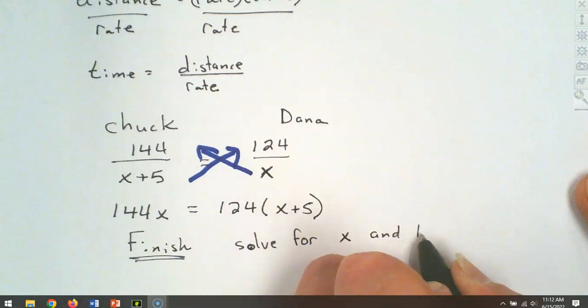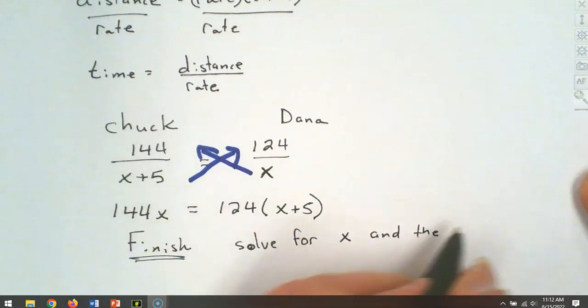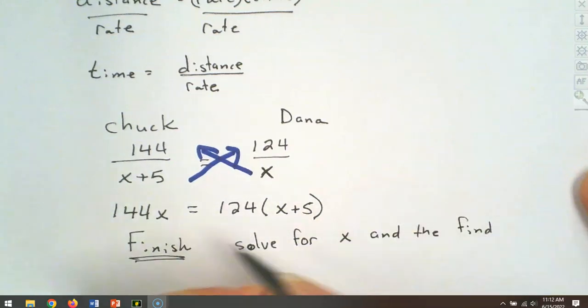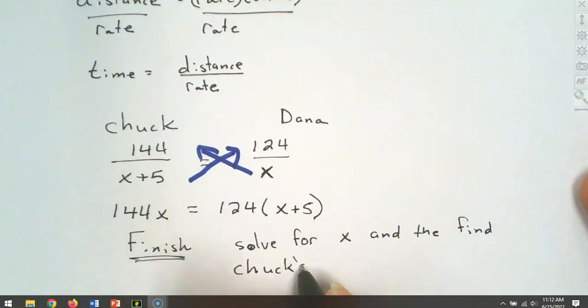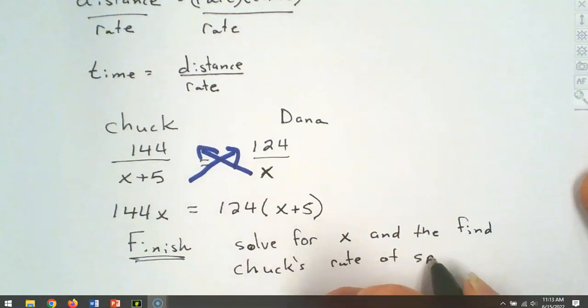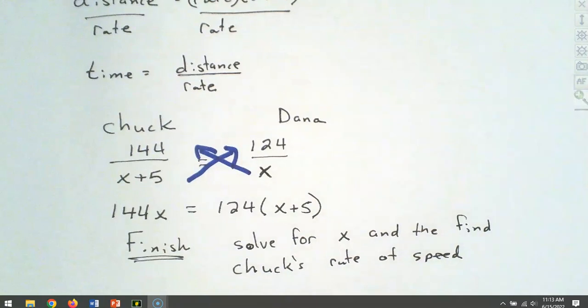And then find Chuck's rate of speed. Which will just mean we're going to have to add 5. So we'll find x. We want Chuck's rate of speed. He's 5 miles an hour faster. So we're going to just have to add 5.